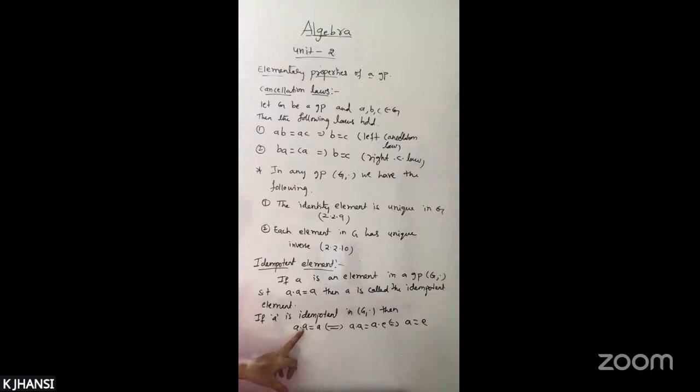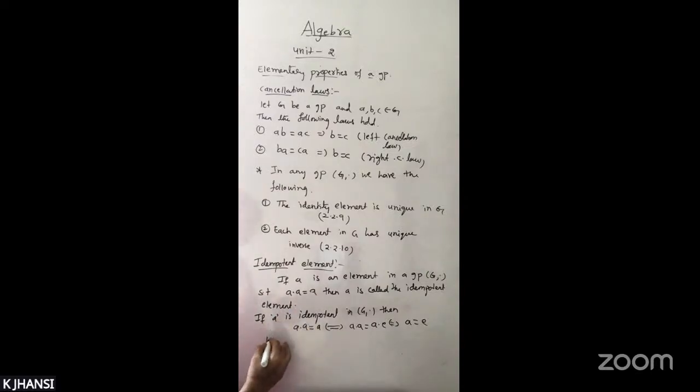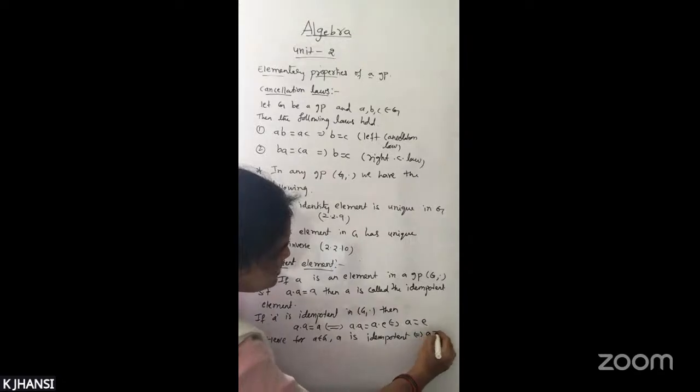Okay. So a into a is equal to a if and only if, what we have, a into a is equal to this a. What is a? The a value you are writing as the identity element e, which implies, from these two we can tell that the a value is equal to e, where e is the identity element. Okay. So you can write this as: hence for a belongs to G, a is idempotent if and only if a is equal to e.